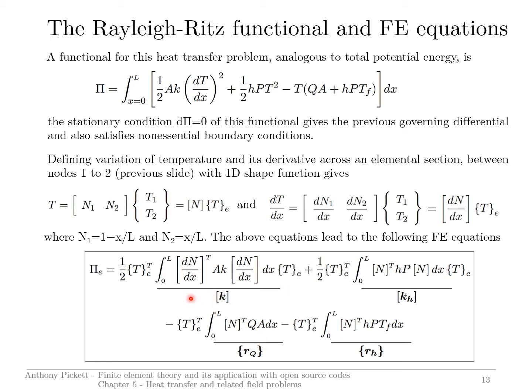But this here represents this term. This here represents this term, and these two terms are represented by these expressions, where we've used nodal temperature vector and the shape function matrix for the element.